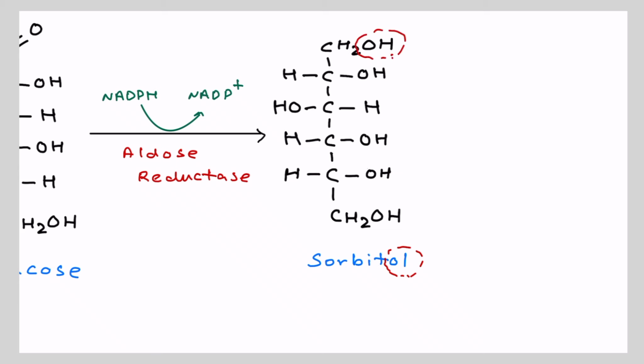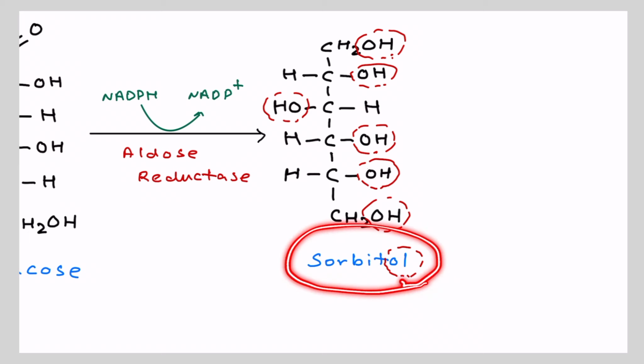So these are our hydroxyl groups. On all of the carbon backbones, we have a hydroxyl group, and this is going to make it an alcohol. And it's important because this is going to be an osmotically active substance. An accumulation of sorbitol in any tissue is going to end up giving us pathology.